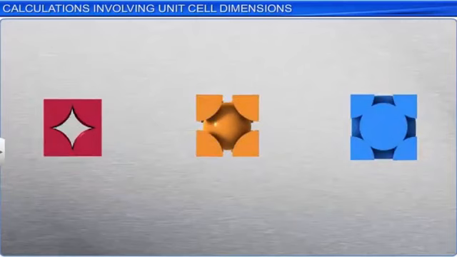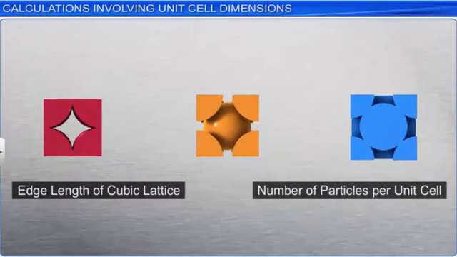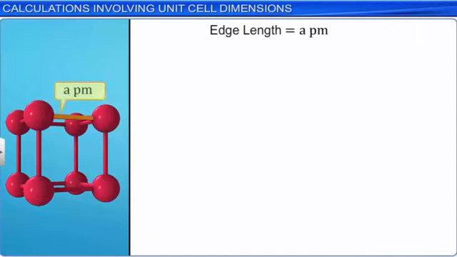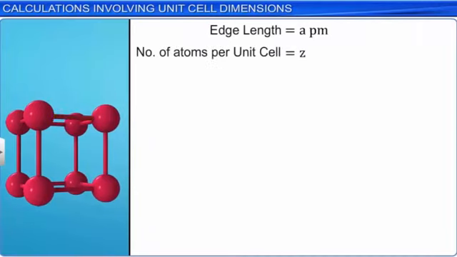Once we know the two quantities, we can calculate the density of the crystal. Consider a cubic system with edge length a picometers, number of atoms per unit cell Z, and molar mass m.